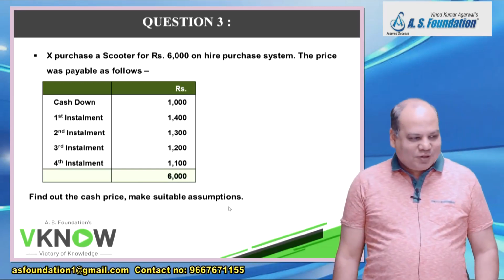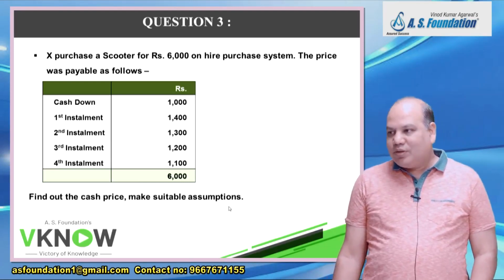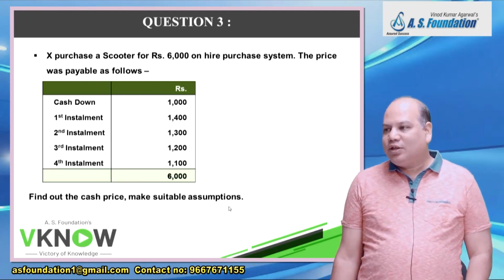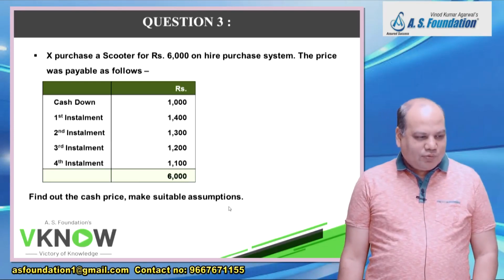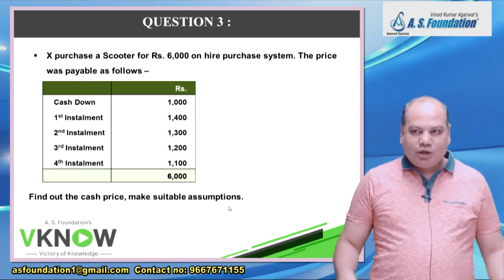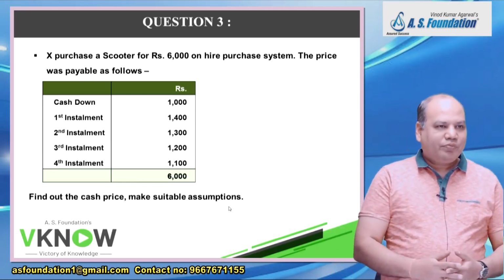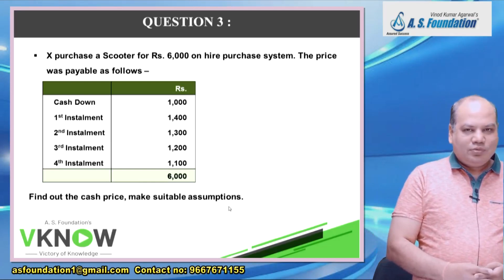With these assumptions, the interest included in the first, second, third and fourth installment would be in the ratio 4:3:2:1. Up to this I will help you. Now you write your own equation and solve the equation.